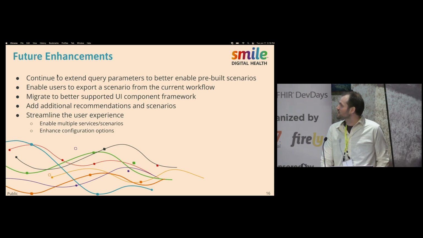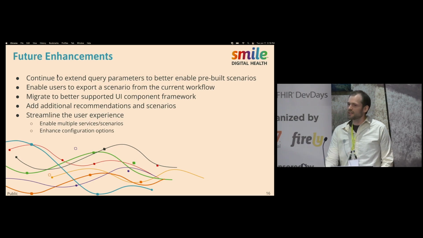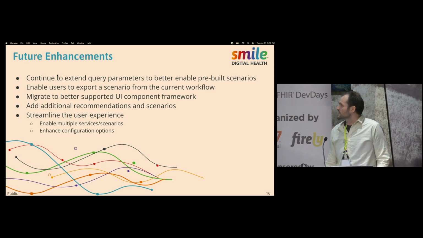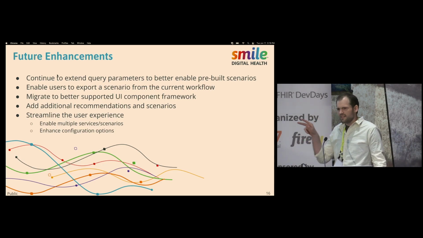And then we're also going to add some additional recommendations from the opioid IG, and add in some more test scenarios, and work on streamlining the user experience. So that's things like enabling multiple scenarios or services to run at a time, because currently you have to select the service you want to run, and you can only do it one at a time.